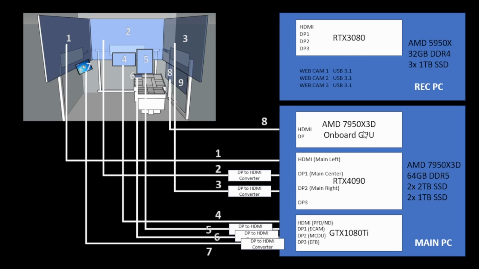But the 7950X 3D, despite being a 16-core, very powerful CPU, has an onboard GPU. Wow, so this is very useful. You can use it for debugging your motherboard, whatever, but in this case I'm using it also to display Windows. And it requires very few resources. Anyway, so that's the main PC setup.